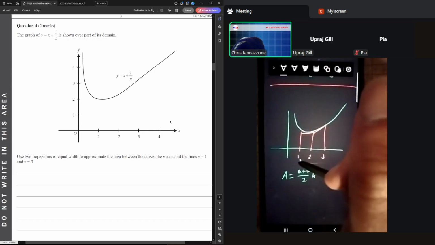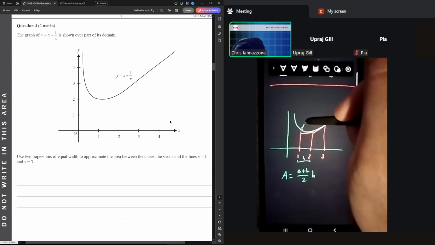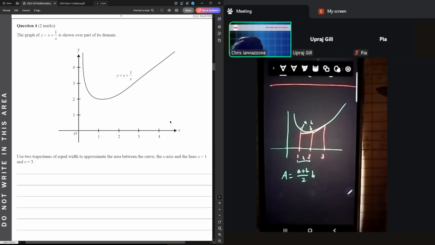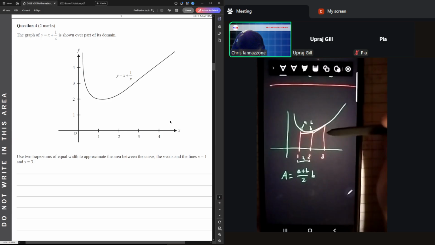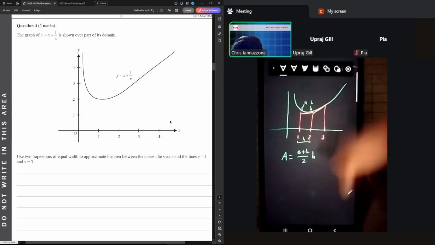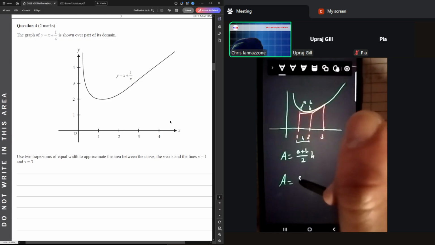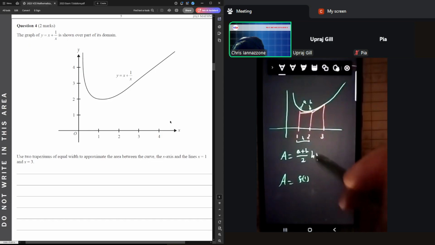So in the context of what we have, this is H, this is A, this is B. So at least for this specific trapezoid, when you move on here, this B becomes the next one's A and so on. But yeah, we're going to have H as 1 across the board. A is going to be f of 1, because it's the y value at x equals 1.